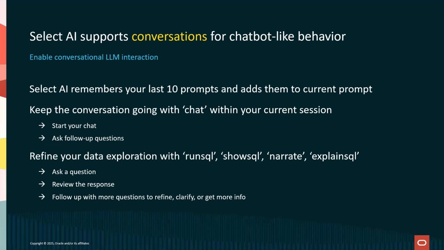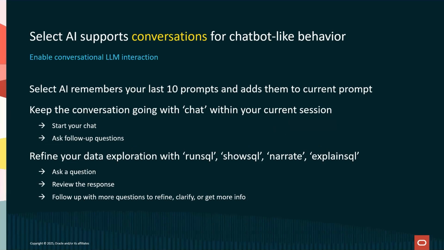Another important feature of Select AI is the use of conversations for chatbot-like behavior. When enabled, Select AI remembers up to your last 10 prompts and adds them to the current prompt.